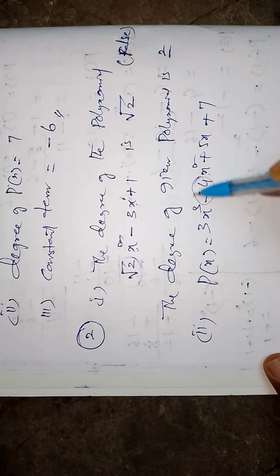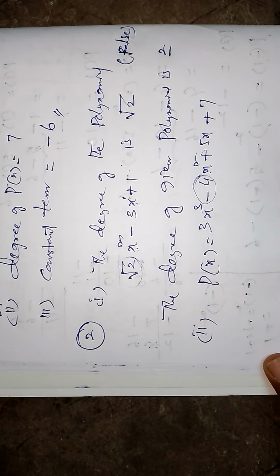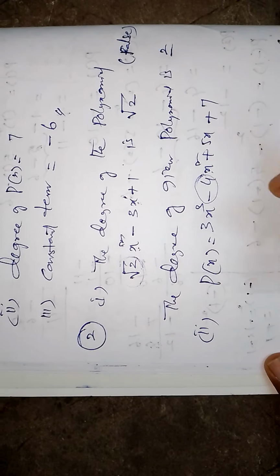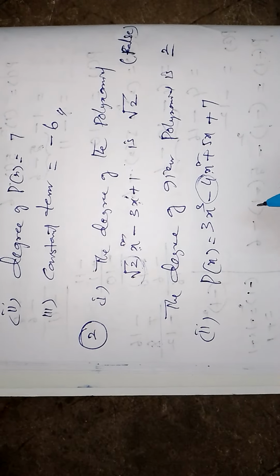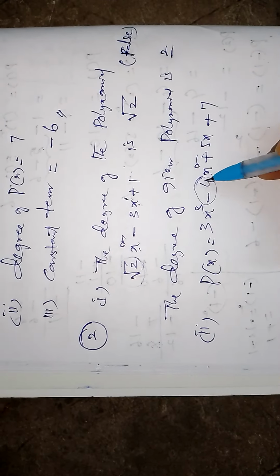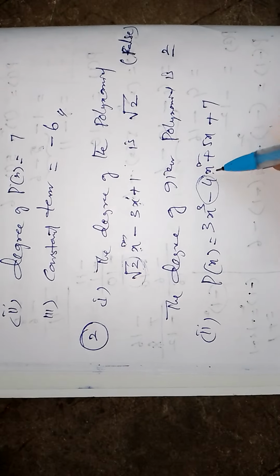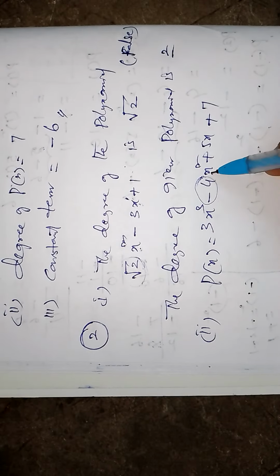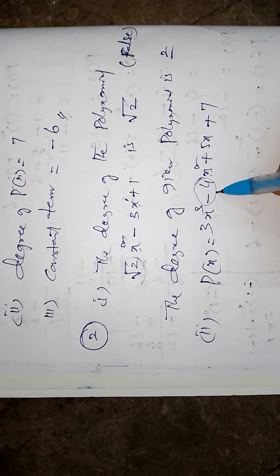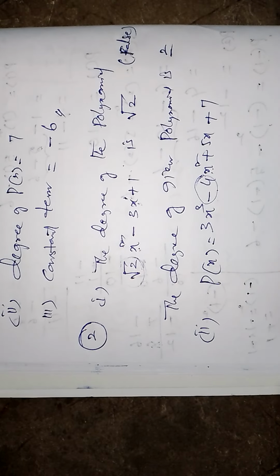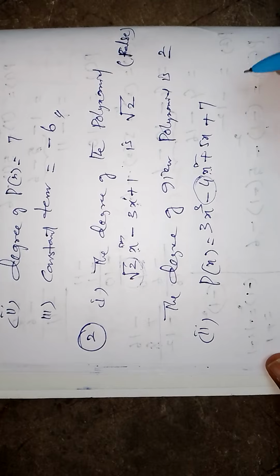Coefficient means this. Every term is formed by the product of a constant and a variable. That constant is nothing but the coefficient of the term. So in this term minus 4 is the constant and x square is the variable, right? So minus 4 is the coefficient of x square, but they gave 2. So the given statement is false.